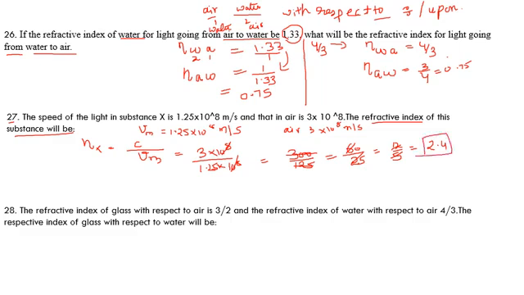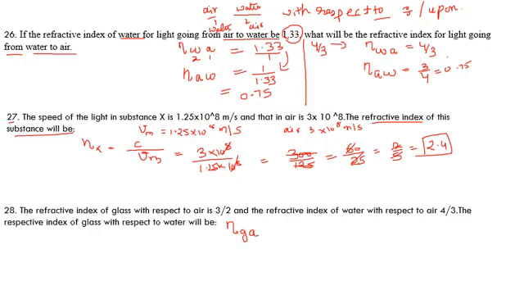Next question, the refractive index of glass with respect to air. So whenever you get these types of questions where the first medium is air, refractive index of glass, that is nu, refractive index of glass with respect to air, right?